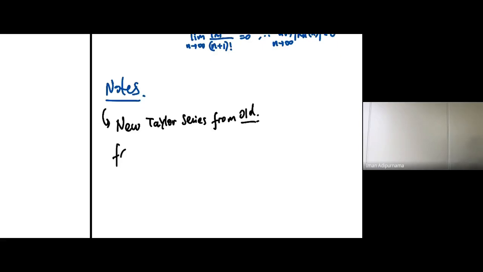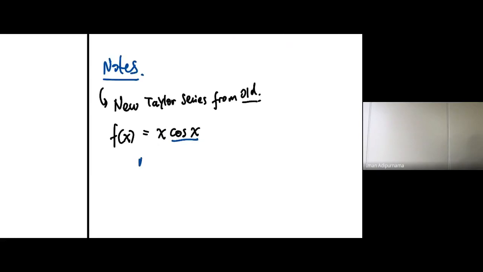If you have, for example, f(x) equal x cos x. Okay. For cosine x, you know this Taylor series. What you need to do is just multiply by x, right?